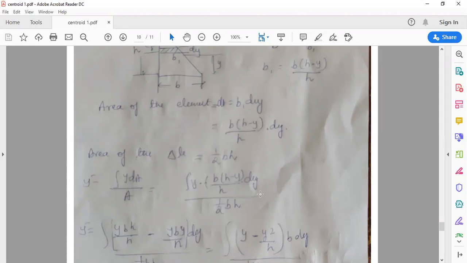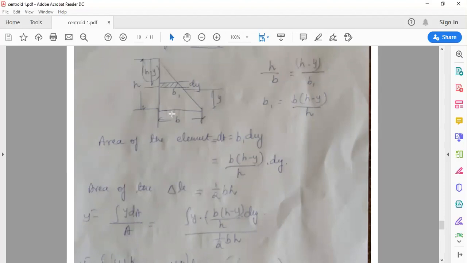So you can take the constant b by h outside, and the integrand is y into h minus y, dy. Then integrate it. What is the limit for this integration? Y can vary from the x-axis, which is the base. This strip can be taken very close to the base, or at the very top level.